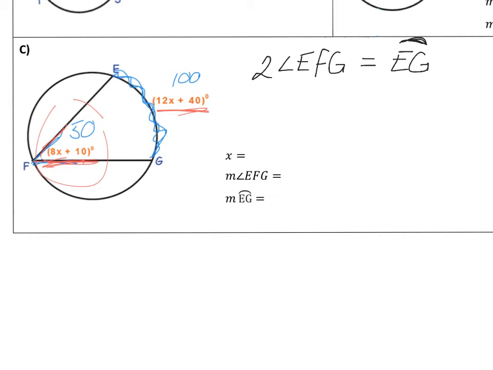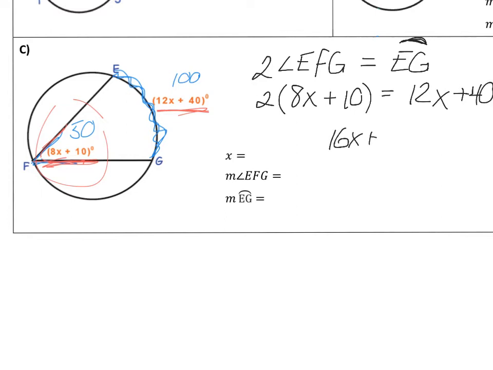All right, so now I'm going to have 2 times 8x plus 10 equal to 12x plus 40, which is going to give me 16x plus 20 equals 12x plus 40.